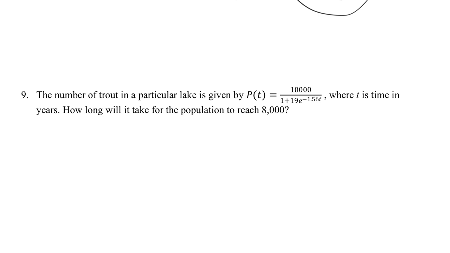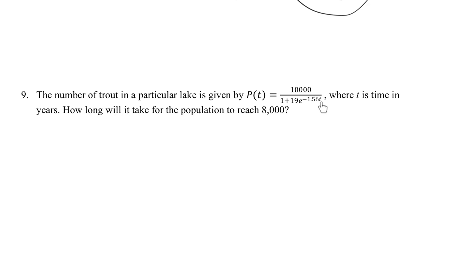Okay, question number 9, also from section 4.6. We have a population of trout, and this is the number of trout at any given time. How long will it take for the population to reach 8,000? So the population is given by this variable here, p of t. So how long will it take is the measurement of time.